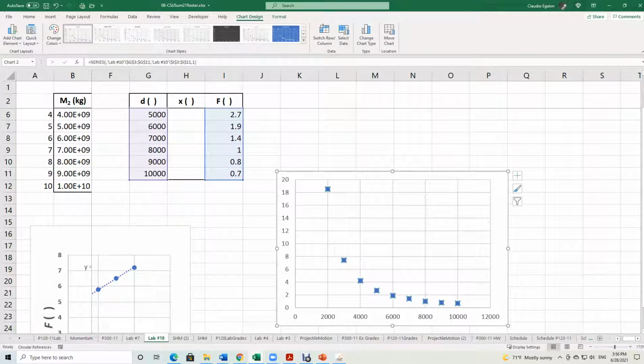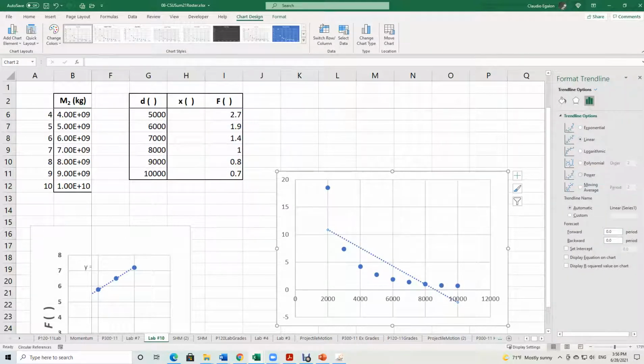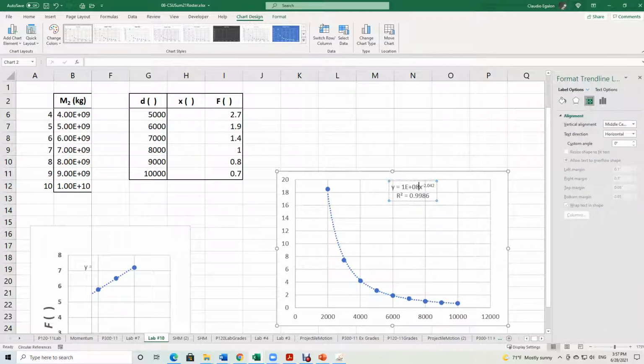If you want to know exactly what the relation is, put a power trend line and display the equation. Okay, see that? The force goes with the inverse of the square of the distance. Not exactly the inverse of the square in this specific plot, but it's close enough to what the theory predicts. It's a 2% difference, the power here is only 2% off.